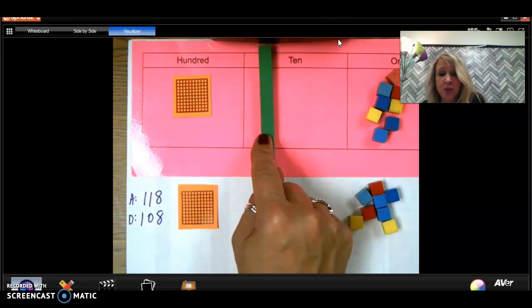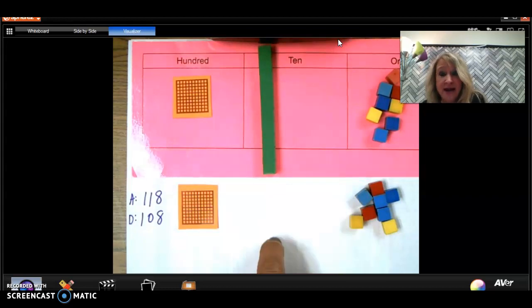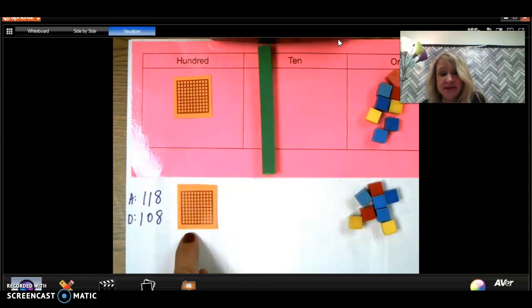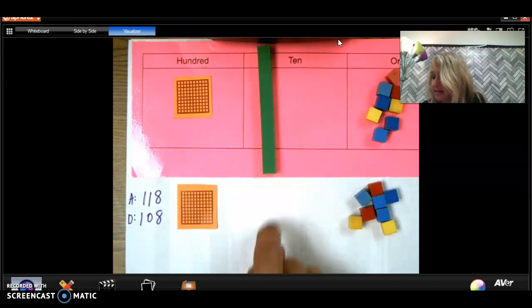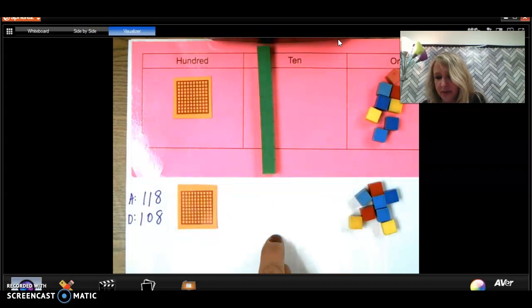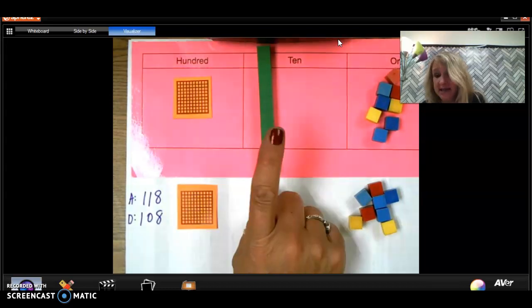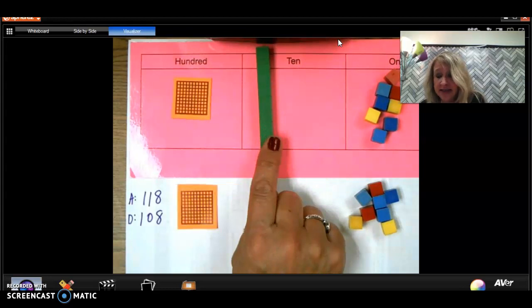Audrey only has 1 ten and Debbie has 0 tens. Right. So the hundreds are the same. We look at the tens. Are the tens different? Yes. Which one has less? Audrey or Debbie? Debbie has less because 0 is less than 10, right?